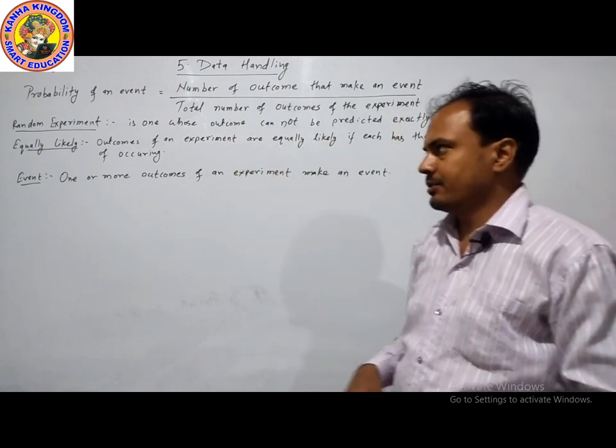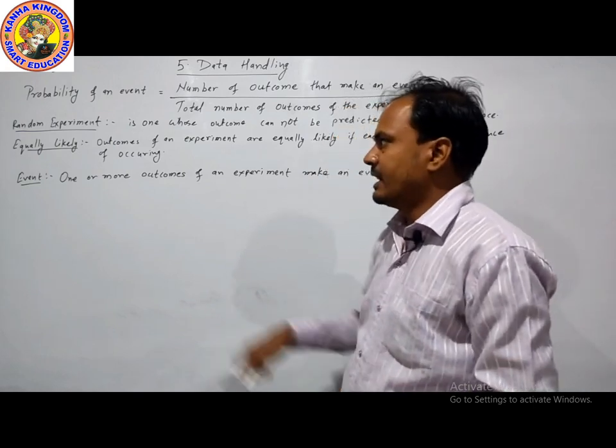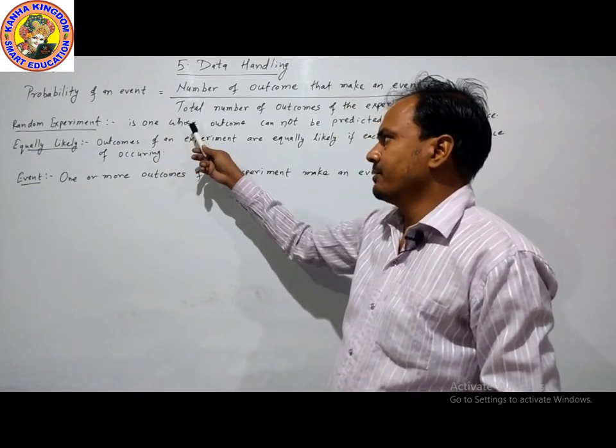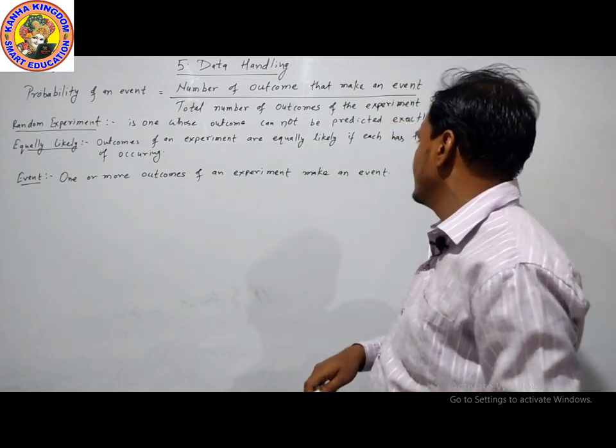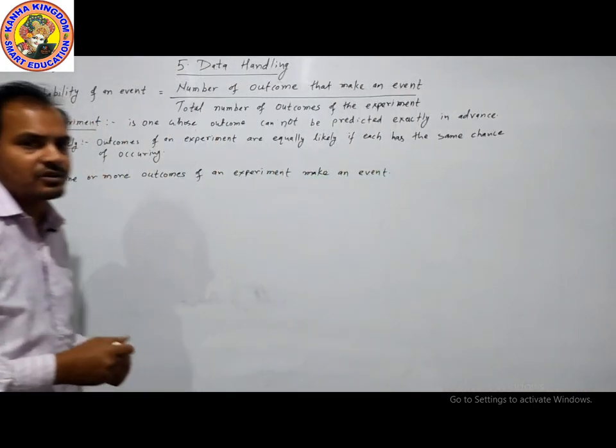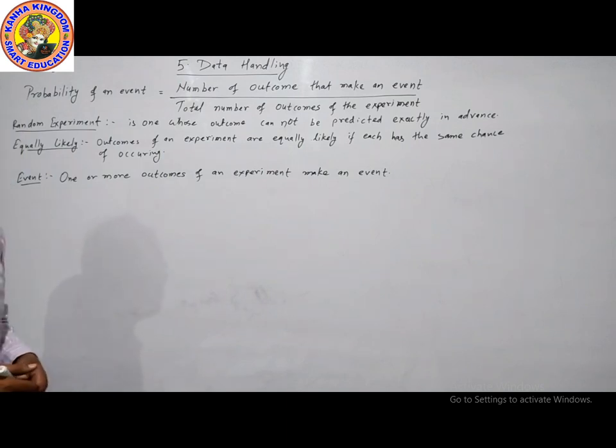Some definitions. Random experiment. The random experiment is one whose outcome cannot be predicted exactly in advance. We cannot say in advance how the result will come when we are tossing a coin.